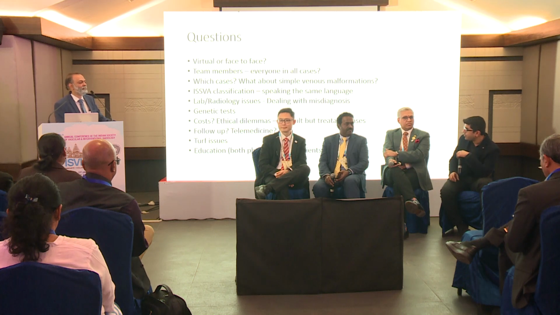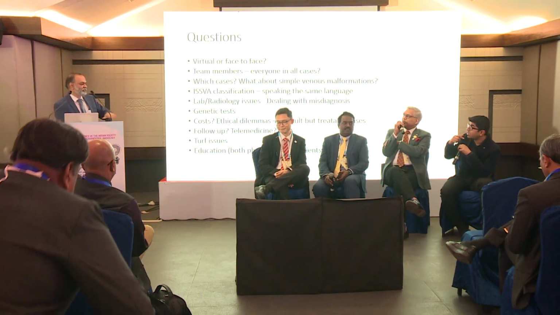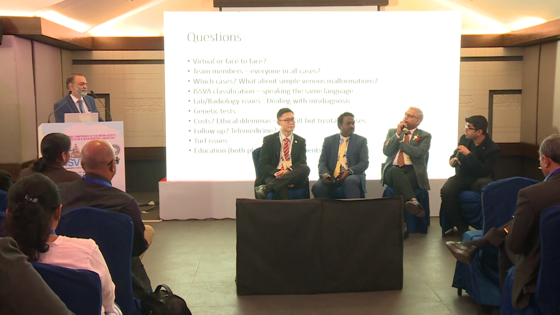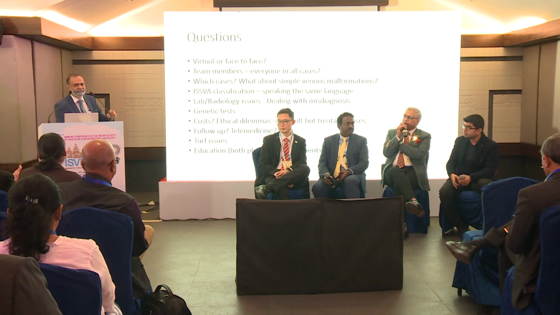The biggest problem is if you tell them this will need four or five different sittings, they don't like it. They just want a one-stop solution. So the plastic surgeon will say, I'll operate and it'll be gone. They don't want scars nowadays. Look, I think vascular anomalies are difficult. They're not simple, straightforward.